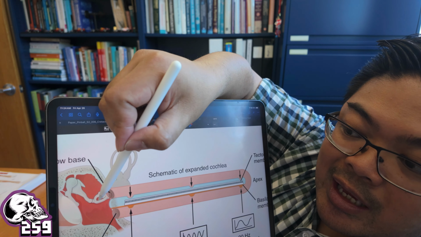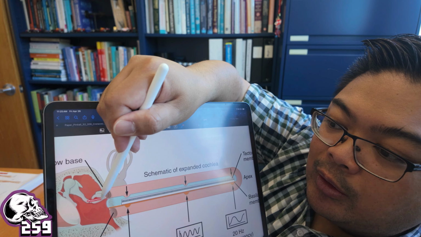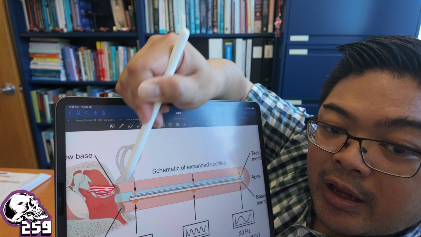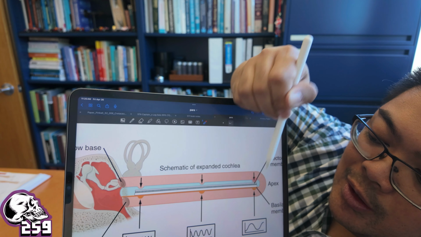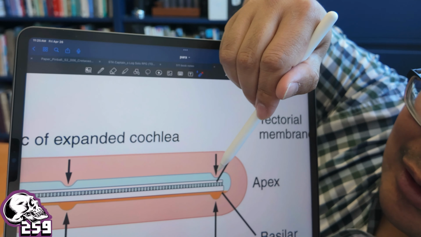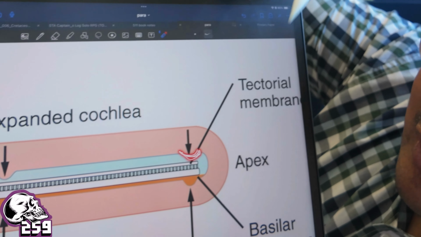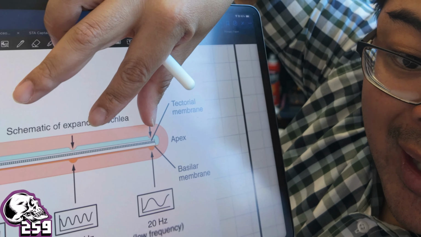What I mean by that is if you have this oval window being hit by the stapes from a low frequency, low pitch noise, that's very much going to bend the far region of the basilar membrane. If you can see that, there's a little bit of an indentation right here. That part of the basilar membrane is going to bend in response to a low pitch sound.